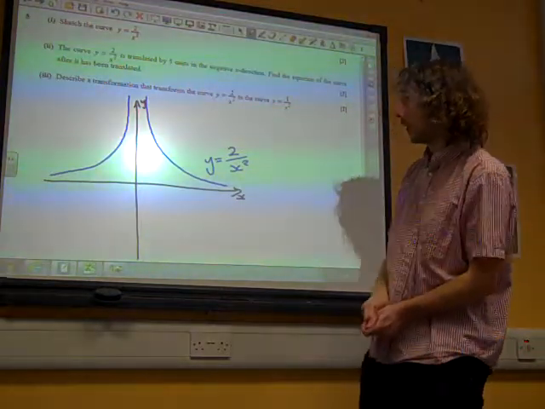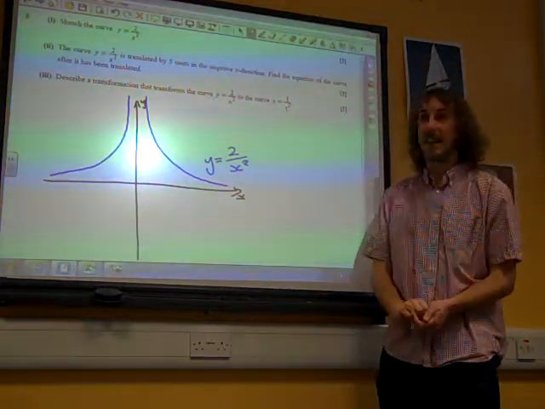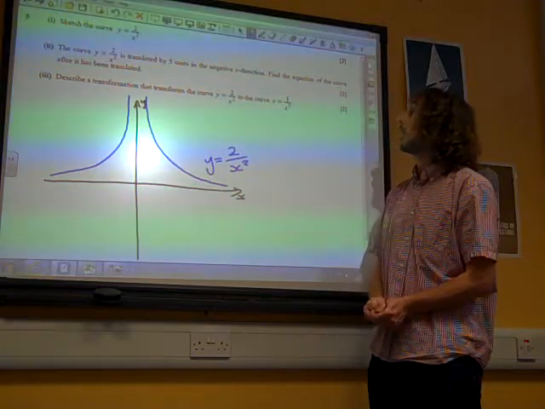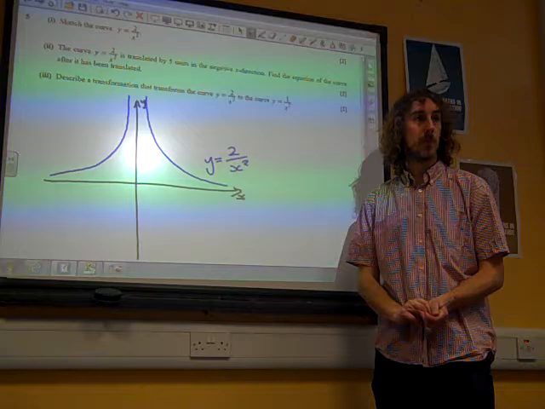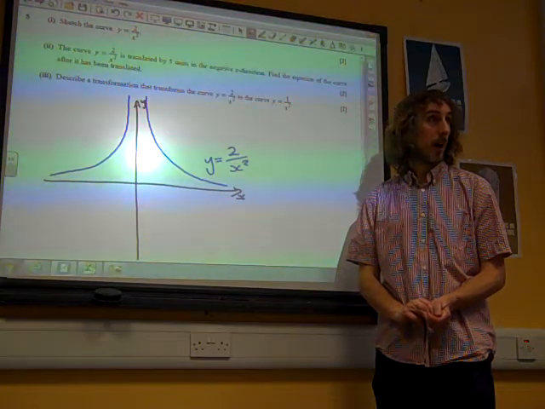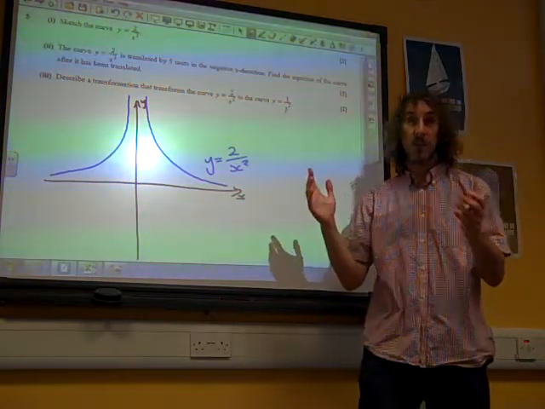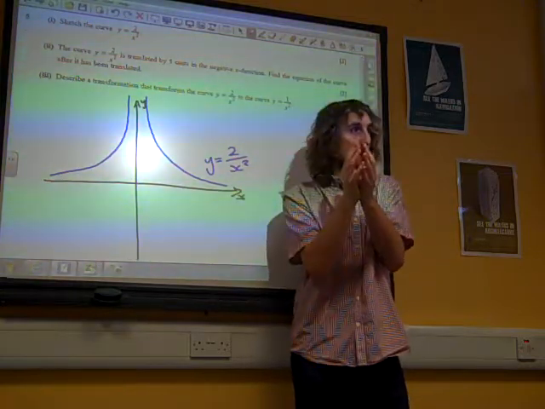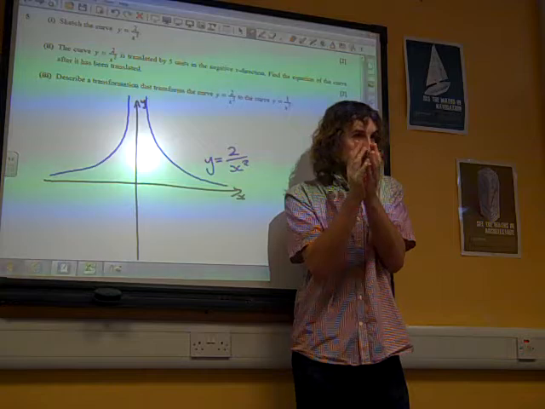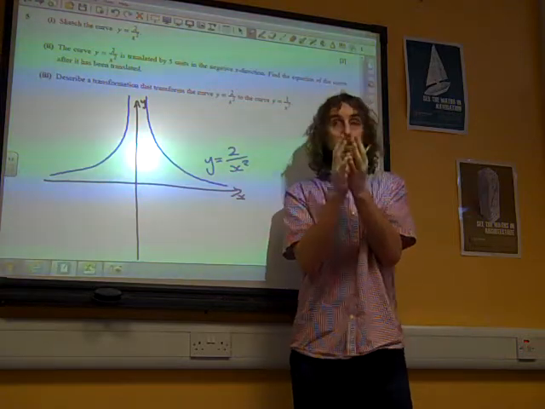Right, part 2. This curve is translated 5 units in the negative x direction. Find the equation of the curve after it has been translated. Well, we know about this. The x direction is the inside brackets bit. We talked about f of x plus a or f of ax.